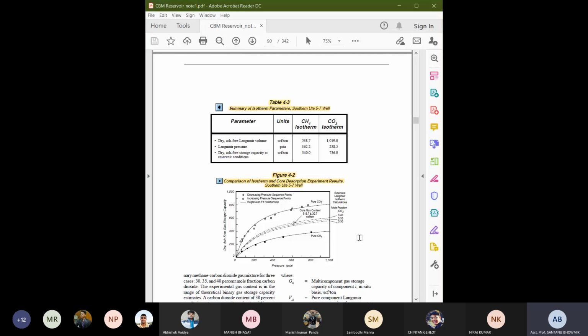Okay, so what will happen? Suppose at the end of this first stage, 20% of the pore space is filled. So at the start of the second pressure stage at 2 megapascal, the pore space available is not 100% but only 80%.